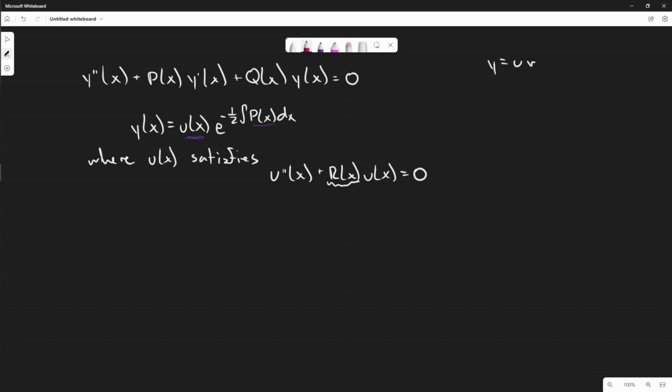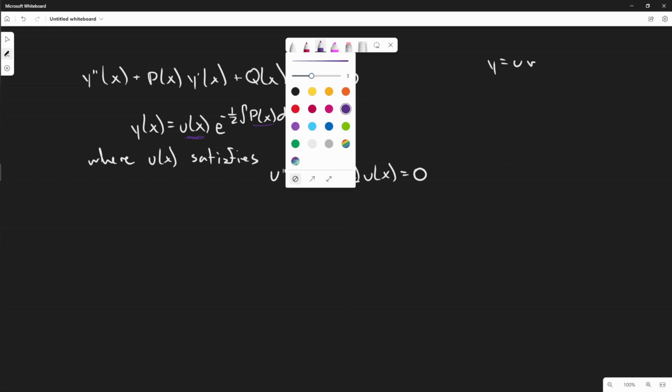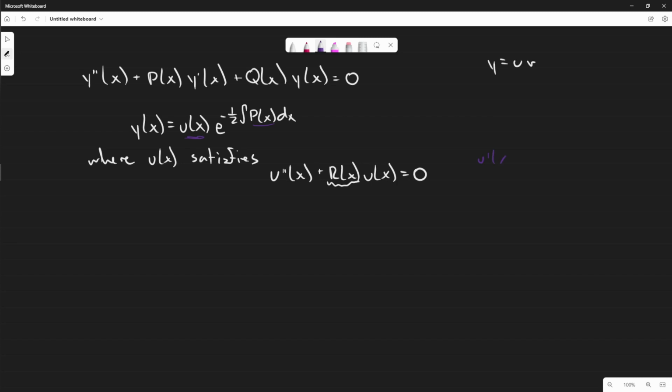But two things to note. There is no u prime of x term here. Let me actually make this thicker. So there is no u prime of x here.